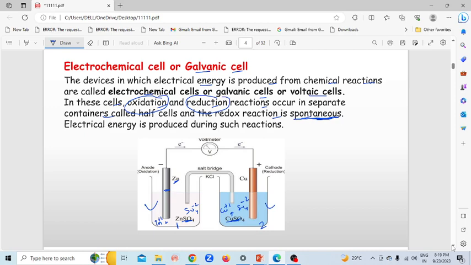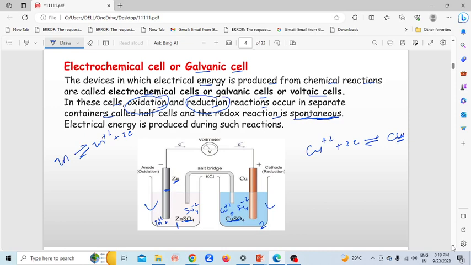So zinc will convert to Zn plus 2 and give 2 electrons. This question should arise in your mind: here Cu plus 2 takes 2 electrons and converts to copper metal.